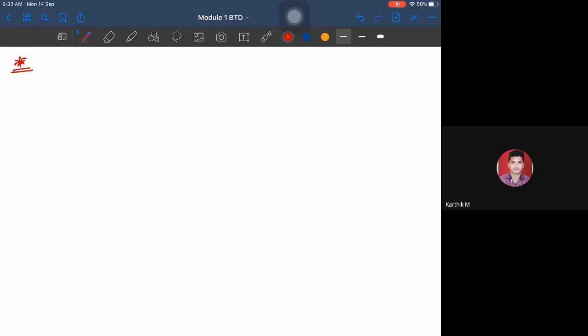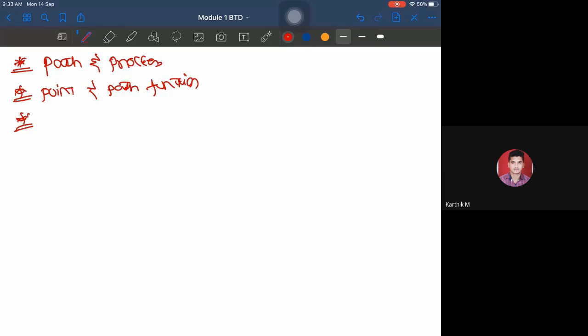Last class we discussed the path and process, the point function, and path functions. We have also gone through state points and the state diagram.